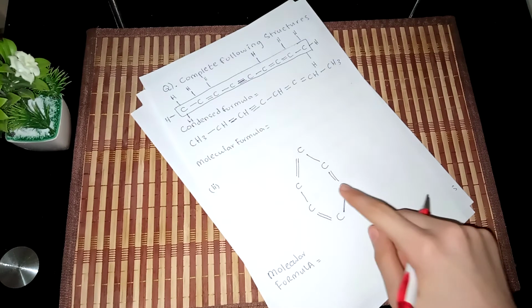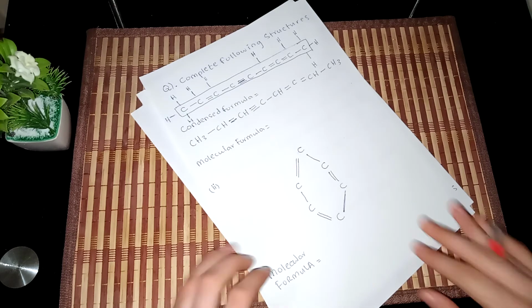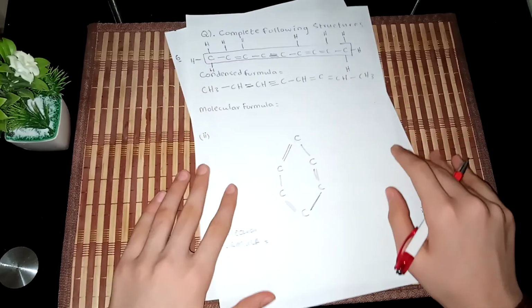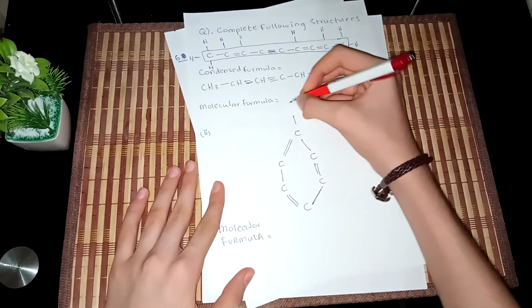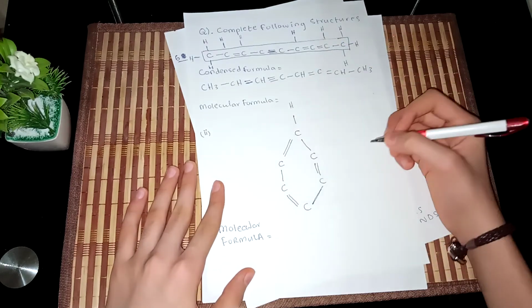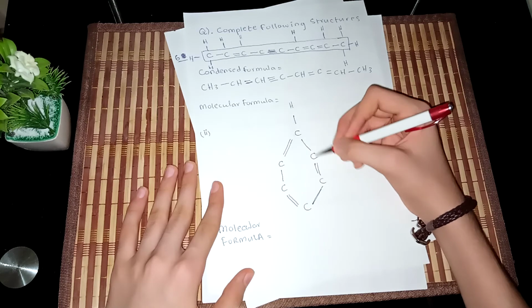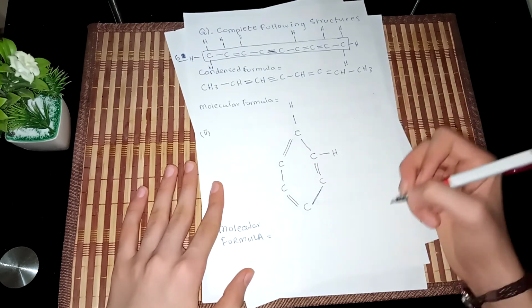So now we have to complete this chain. How will we complete this? So it has made here, now let me arrange the papers. This carbon has made 3 bonds, we'll put a hydrogen above it, simple. Then this carbon has also made 3 bonds, first, second and third. We will simply put a hydrogen here.